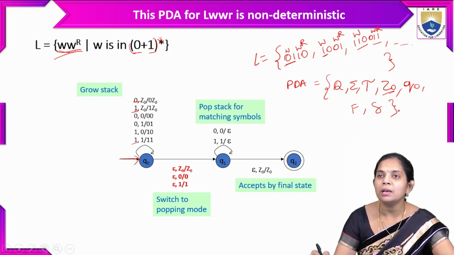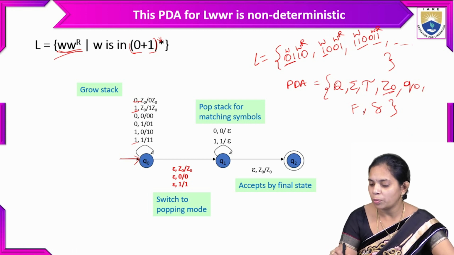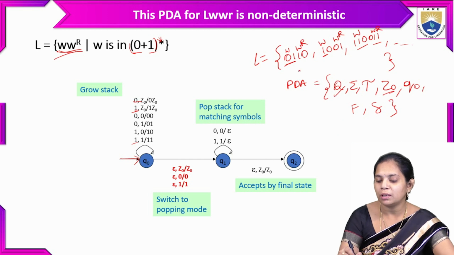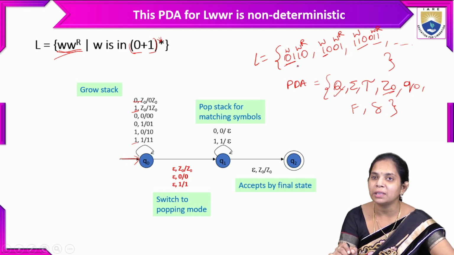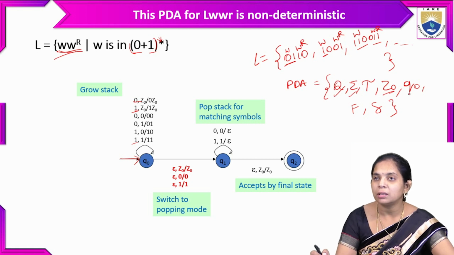These are the definitions. How many tuples? Here there are 7 tuples, so this is the 7-tuple representation of pushdown automata. For this language we need all these tuples. Q is the finite set of states, which will be identified by the minimum length of the string.